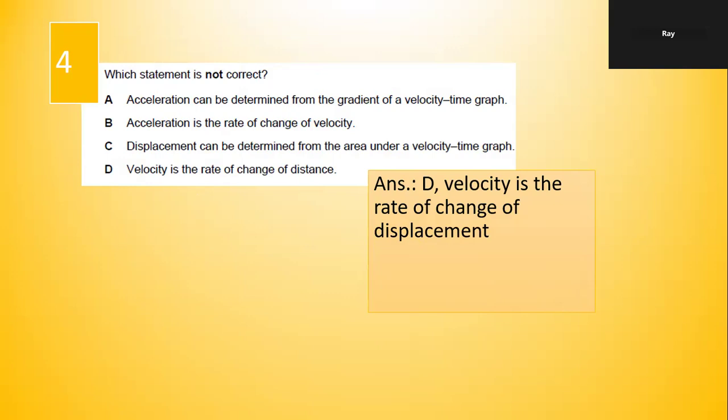Cambridge is not consistent. The definition for velocity is the change of displacement per unit time. They tend not to use rate anymore, but in their question paper sometimes they may use that. I suppose they will not mark you wrong if you put rate. The old definition is rate of change of displacement.